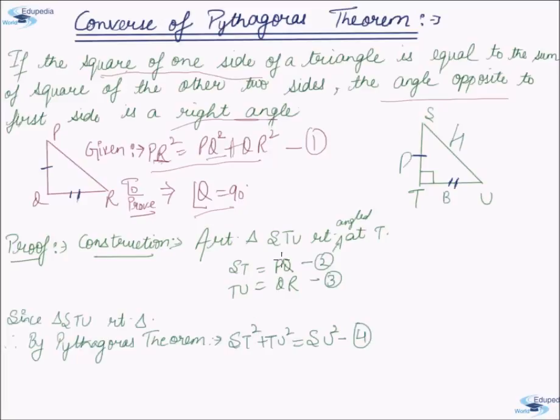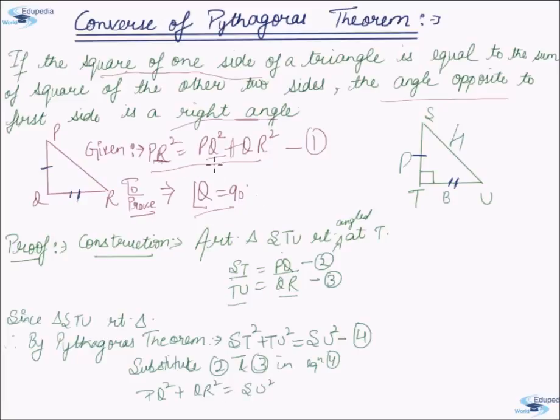Now if we look at the second and third, ST and TU are equal to PQ and QR respectively. So substitute 2 and 3 in equation number 4. We will have PQ square plus QR square is equal to SU square.